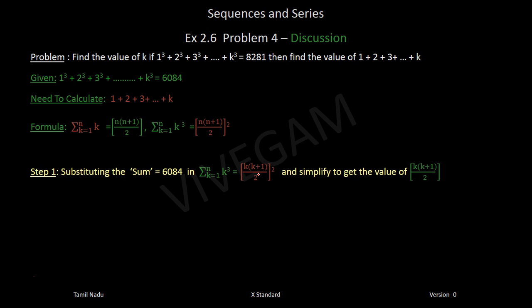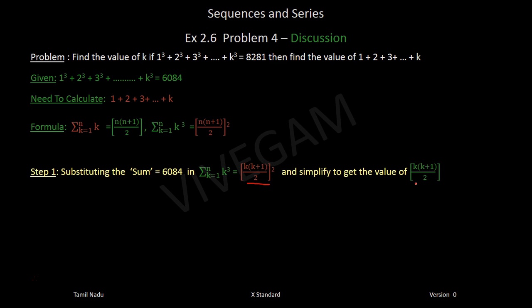So k into k plus 1 by 2, the whole square is 6084. When you take the square root, you'll get the value of k into k plus 1 by 2. So substitute the sum 6084 here and get the value of this term by taking square root both sides.